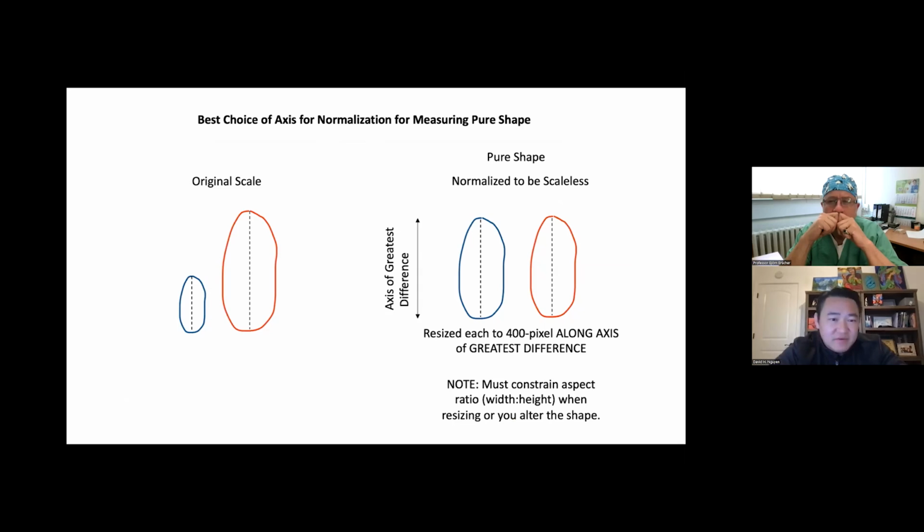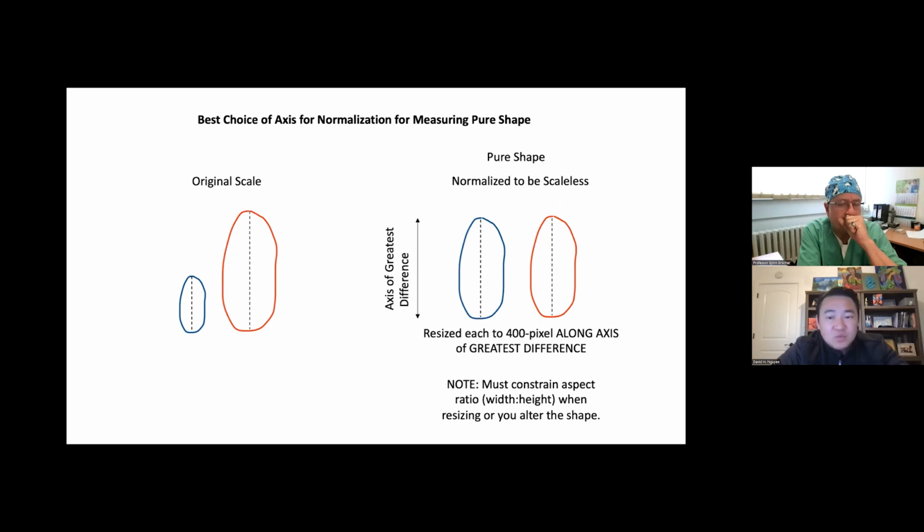And another very special thing about Shape Genie, and this is very unique to Shape Genie, is that it allows us to finally measure shape apart from size. Previously, this has not been possible because the moment you resize an object, you've changed its volume, its area, its perimeter. For example, on the panel on the left are these 2 objects that are the same shape but actually different sizes, as you can see.